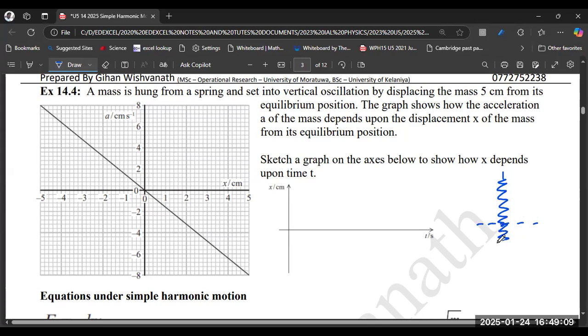At the center, it has a displacement of 5 centimeters. So when the displacement is 5 centimeters, at that moment the acceleration would be 8 centimeters per second. That should be squared.